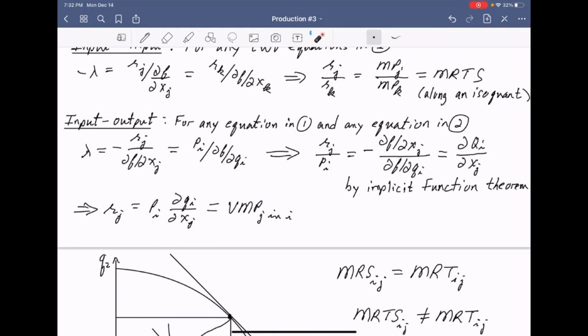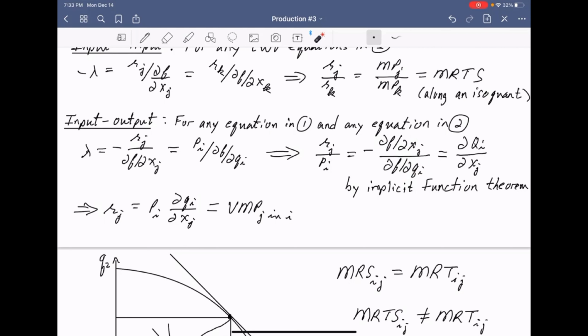Now, ignoring the lambda and just setting these two equal to each other, we get that the input price of j divided by the output price of i is equal to minus the partial of the production function with respect to input xj divided by the partial of the production function with respect to output qi.